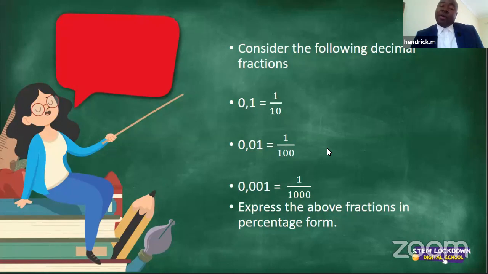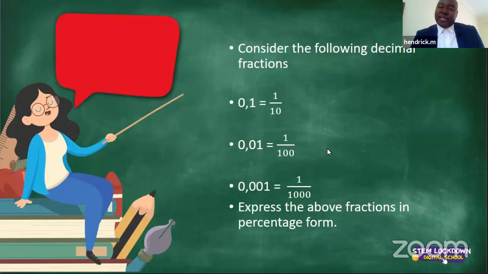The comma that we have there, between 0 and 1. If you move the comma only once to the right-hand side, it means that you will now have 1. And because you have moved your comma once to the right-hand side, then it means you must have only 1 zero in the denominator. So this means 0,1 will be expressed as 1 over 10, or 1/10. You can call it a tenth.